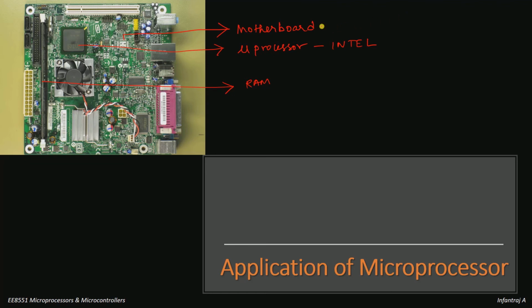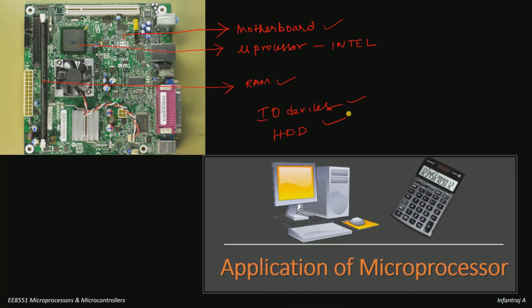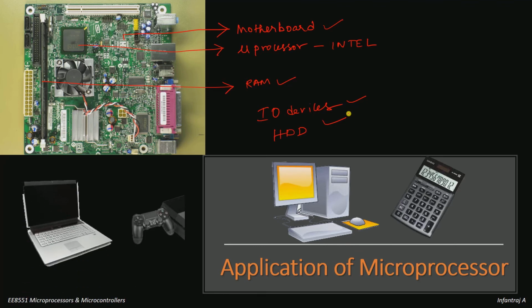It needs the help of the motherboard, the RAM, the I/O devices, and a hard disk to do a particular task. And in today's scenario, the high performance laptops which we use have a microprocessor, and what you see here is a gaming console. Even in a gaming console, the heart is a microprocessor.